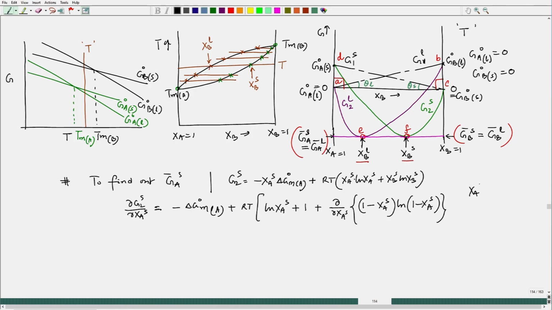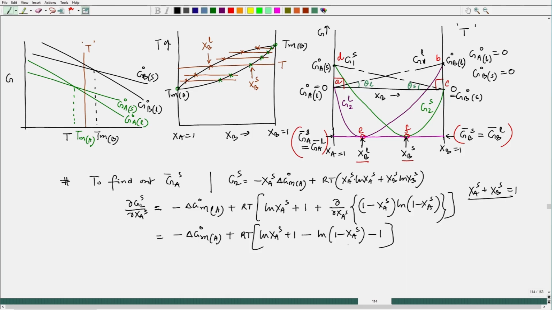Since XA solid plus XB solid equal to 1. Okay, bracket close. So then it would become minus delta G naught M A plus RT ln XAS plus 1 minus ln 1 minus XAS minus 1.